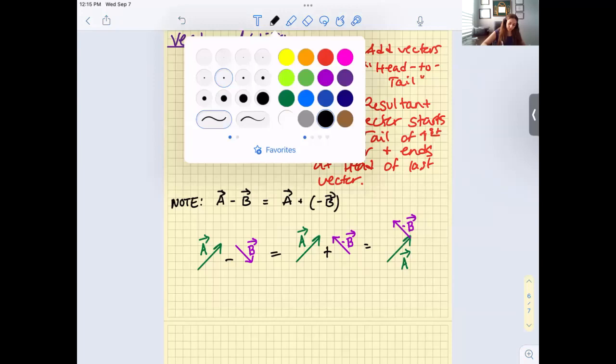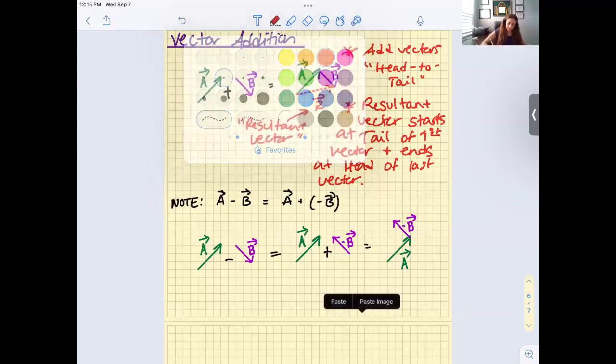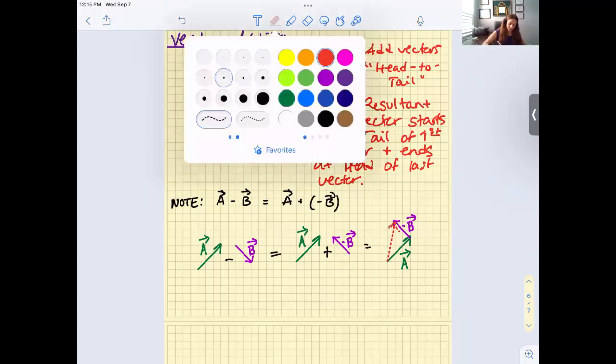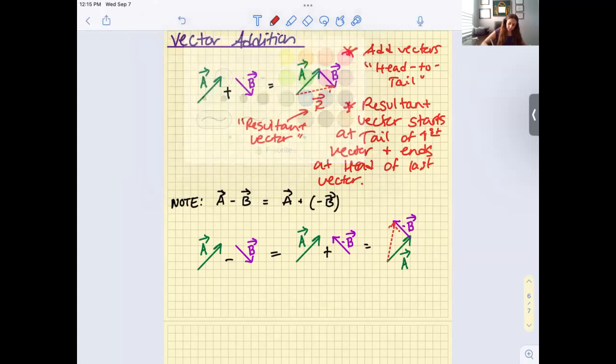And draw your resultant force from the beginning of A and the end of B. Okay. Questions about that?